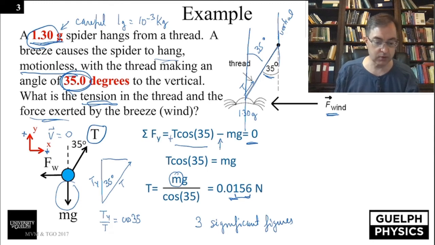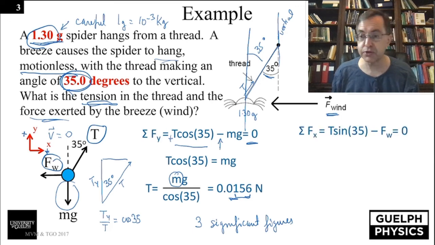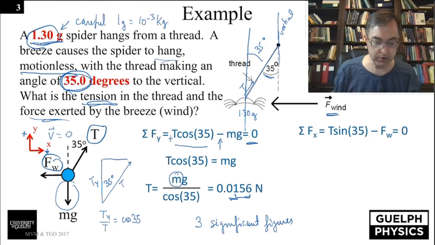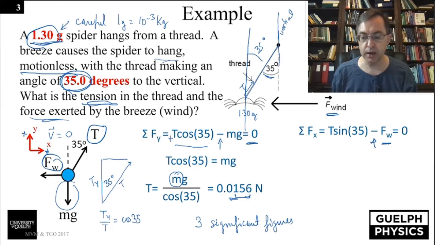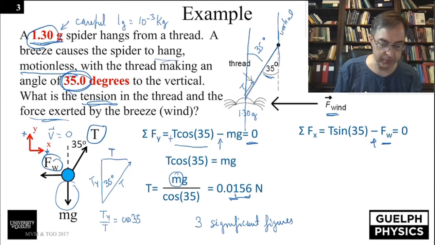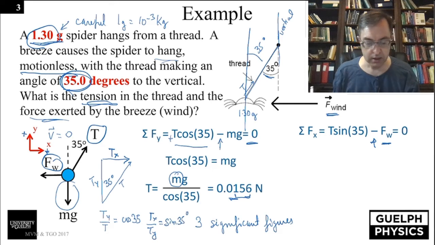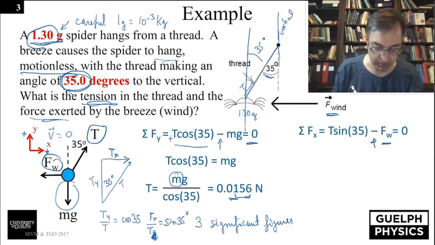And now we want to figure out what the magnitude of the force exerted by the wind is. And so we can get that by solving the x component of the motion. So again, the x component of the motion consists of the wind, which is pointing to the left, so it comes in with a minus sign, and then the component of tension, Tx, okay? So Tx points to the right, and Tx over T is equal to the sine of 35 degrees because it's the opposite side divided by the hypotenuse.